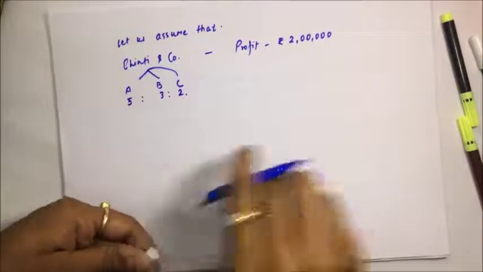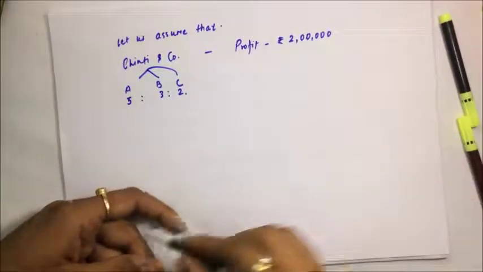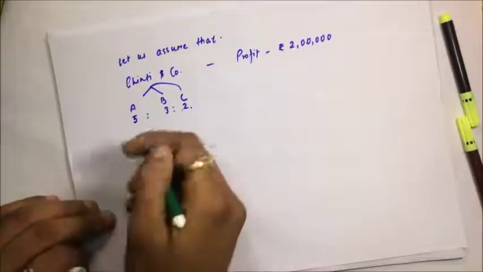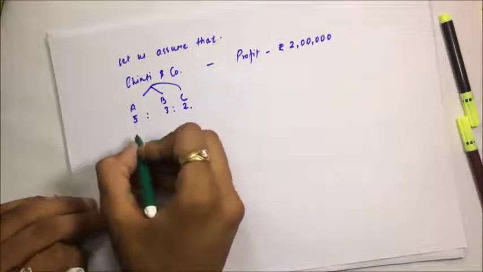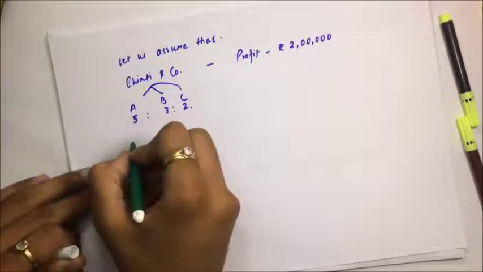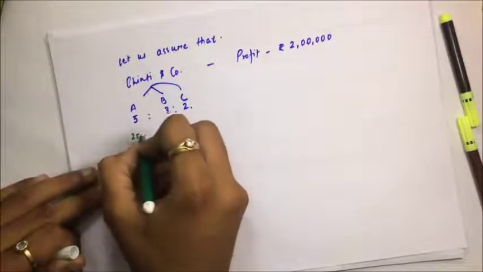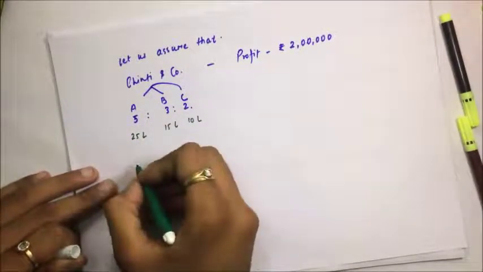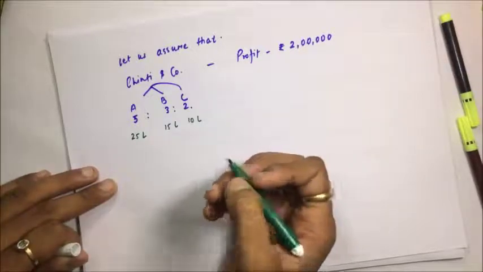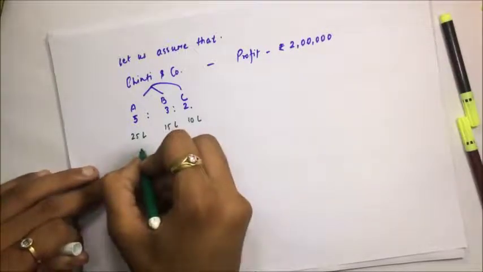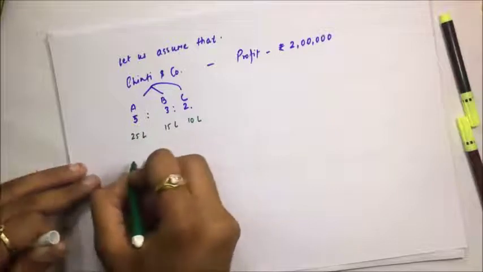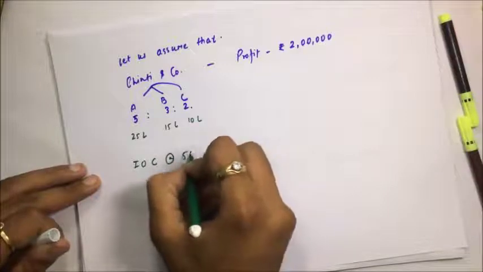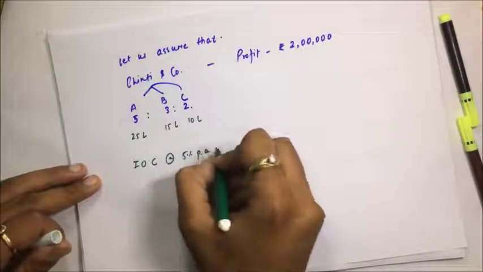Okay? These partners have capitals of 25 lakhs, 15 lakhs and 10 lakhs. And the interest on capital will be provided at the rate of 5% per annum.